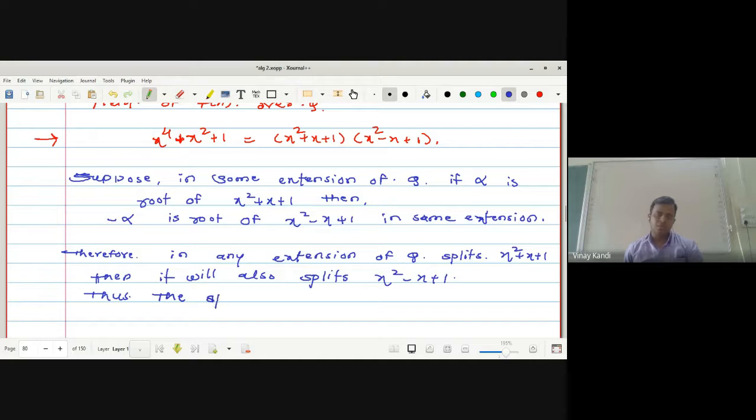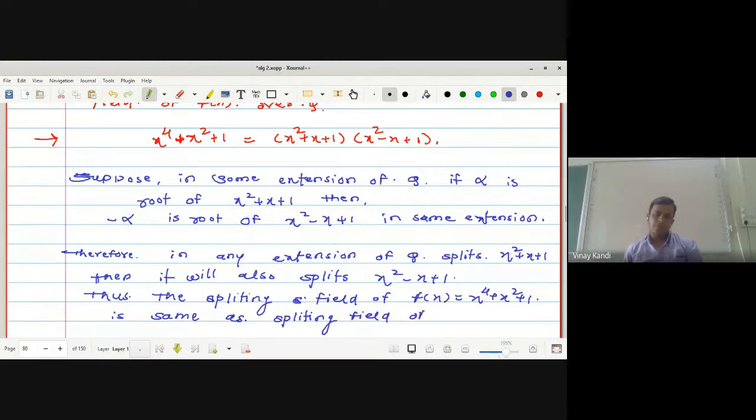Thus the splitting field of f(x) = x^4 + x^2 + 1 is the same as the splitting field of x^2 - x + 1.